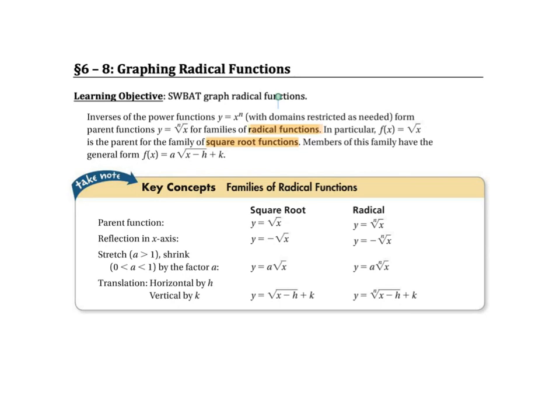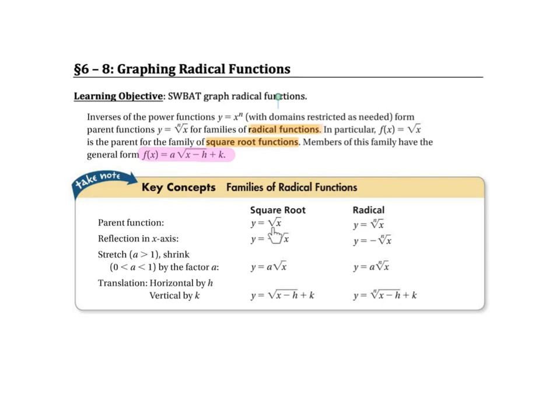So the first thing I want to point out to you is that our function form for our square root function looks like this right here. So f of x equals a times the square root of x minus h plus k. And if you look below here in the box, we have all the different translations.